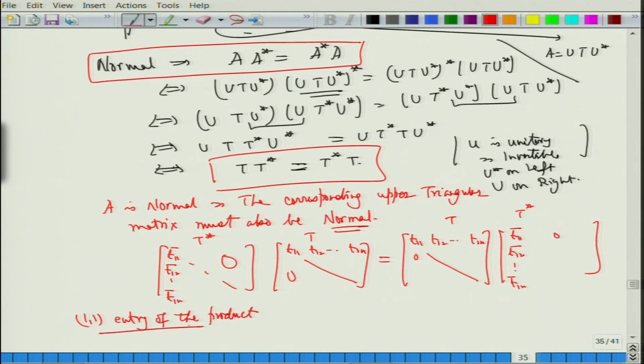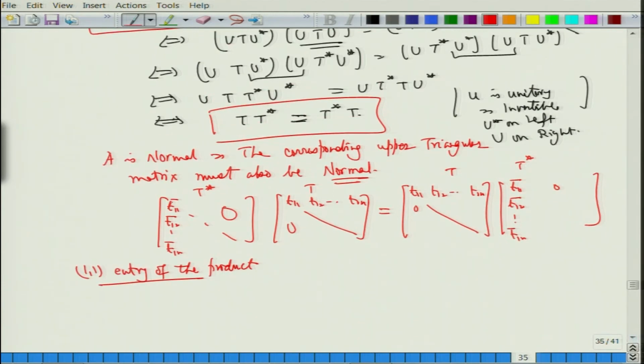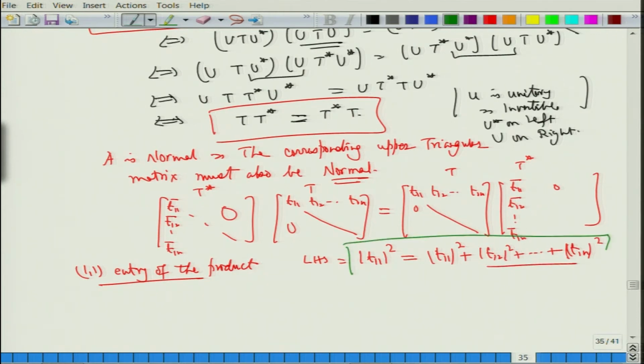If you look at the 1 1 entry of the product, the left hand side, LHS, is equal to mod of T11 square. What about the right hand side? It is the absolute value square of T11 plus that of T12 plus that of T1n.